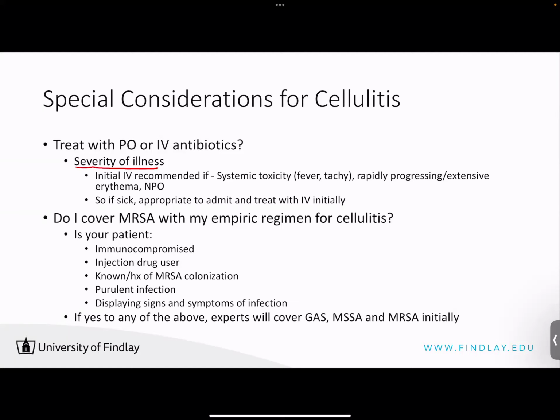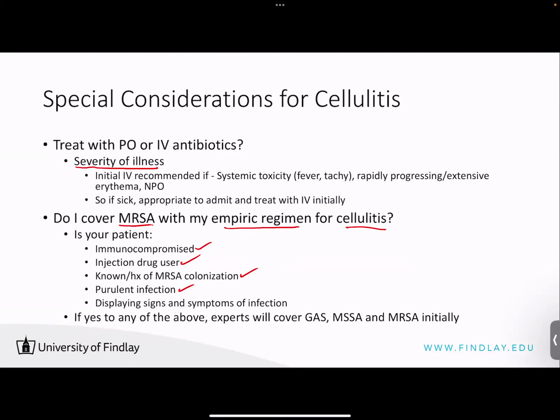Okay. Do you cover MRSA with your empiric regimen for cellulitis? Again, hearkening back to what I just said. Does your patient have any type of immunocompromised state? Are they on infliximab? Are they on steroids? If they're immunocompromised, you initially treat for MRSA. Injection drug user, known history.